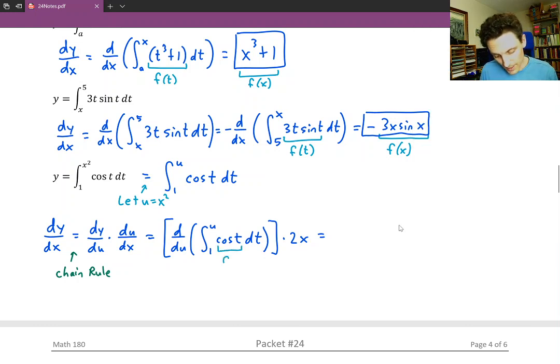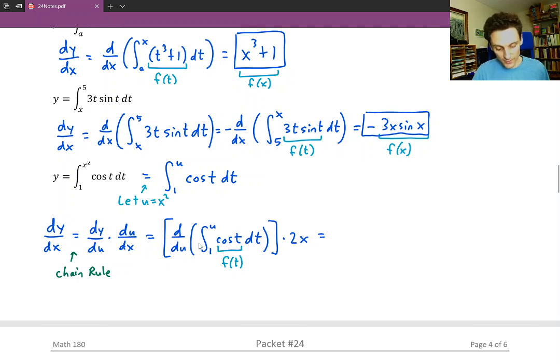Now here, once again, we have a good setup for the fundamental theorem part 1. Here we have the derivative with respect to u of this function of u, and where the function is written up as an integral from a to u. So this is like some constant number to just the letter u. And we're taking the derivative with respect to u.